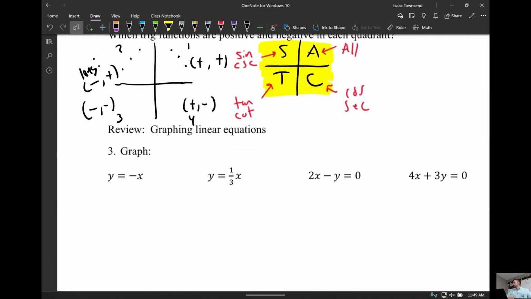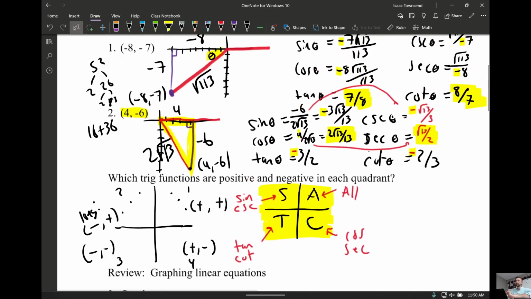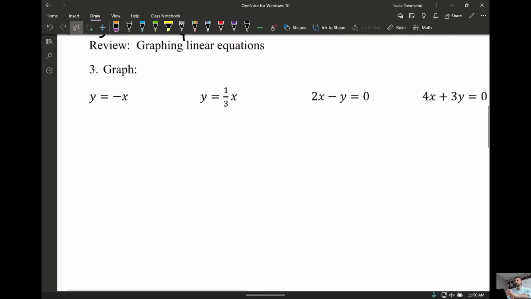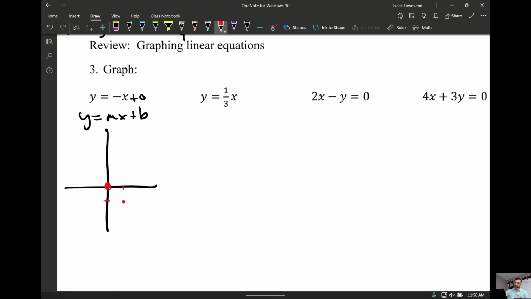Okay, we've got some other questions in the book that ask you to take a point on a line in a certain quadrant, and then it will be like questions 1 and 2. But to be able to do that, you need to remember how to graph linear lines like this. So if it is in mx plus b format, you need to remember that b is the y-intercept, m is the slope, and you can count rise over run.